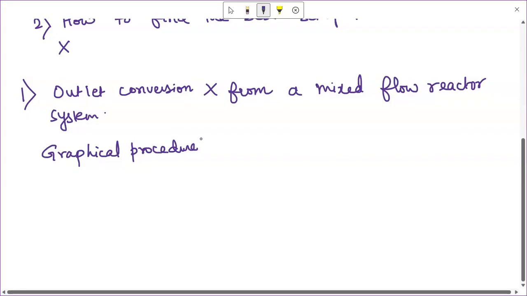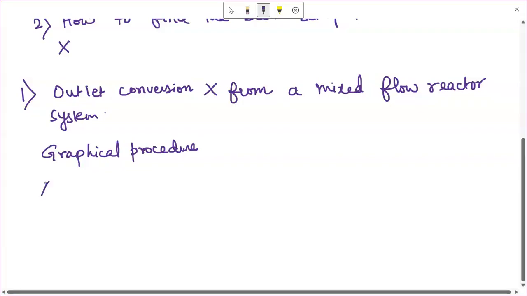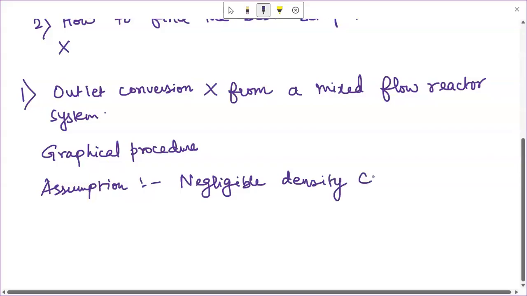The procedure that I am going to show you is applicable for negligible density change. So that is one of our assumptions. There is no density change, so we can consider the volume ratio epsilon to be 0.